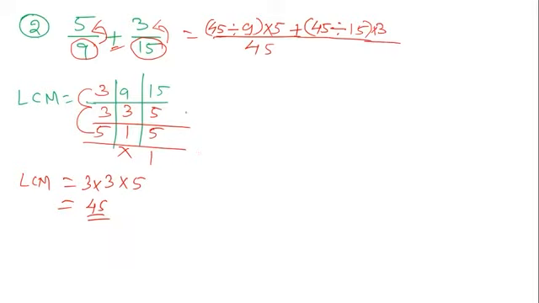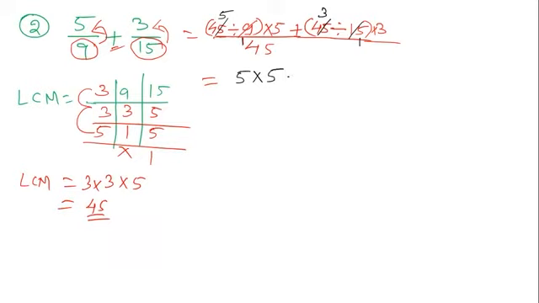So what did we get here? We got here is equal to, 9 ones are 9, 9 fives are 45. 15 ones are 15, 15 threes are 45. So in the first bracket we got 5 multiplied by 5.